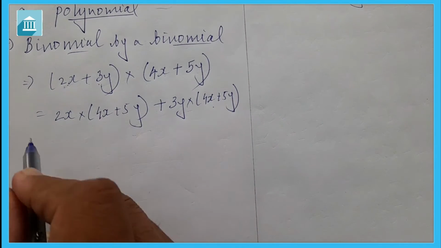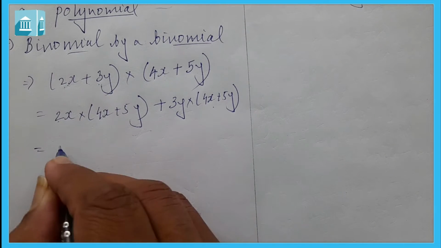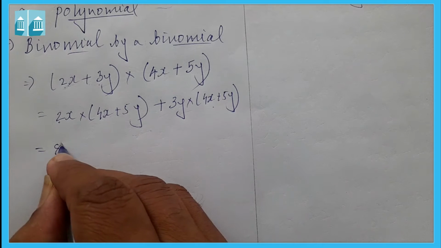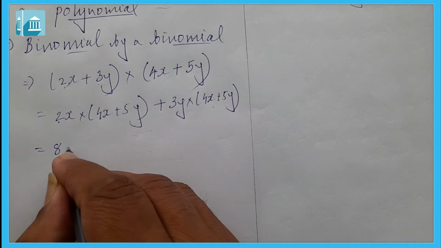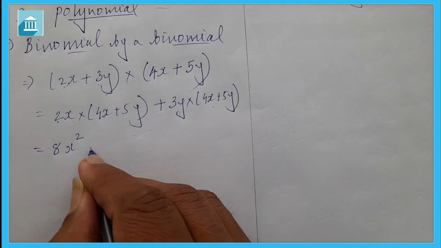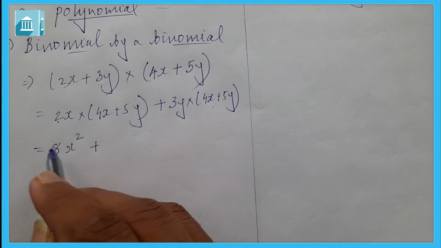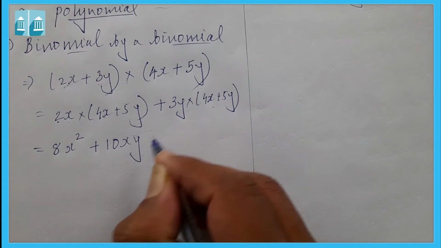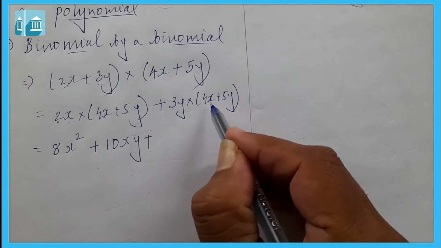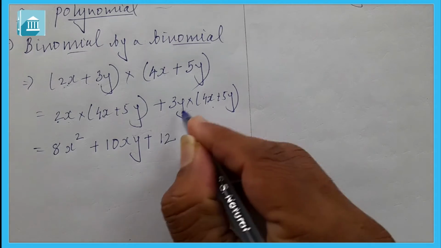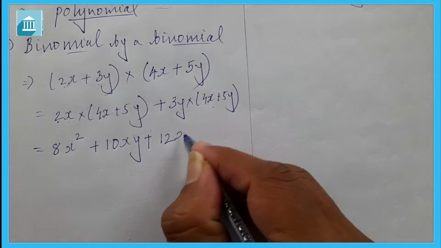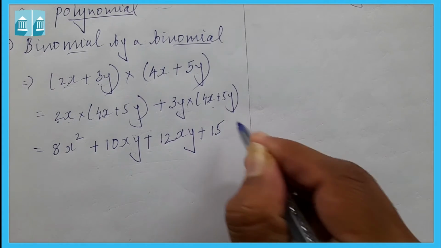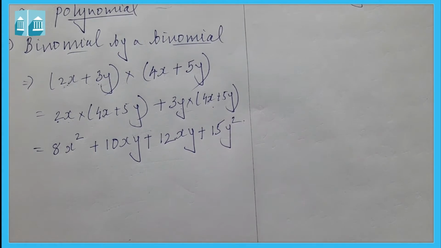So now let us begin. This will be 2x into 4x, which is 2 into 4, that is 8, x into x, 8x square, plus 2 into 5, that is 10xy, plus 3 into 4, that is 12, x into y, that is xy, plus 3 into 5, that is 15y square.